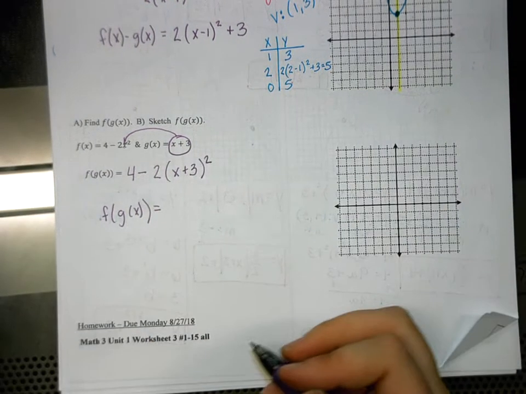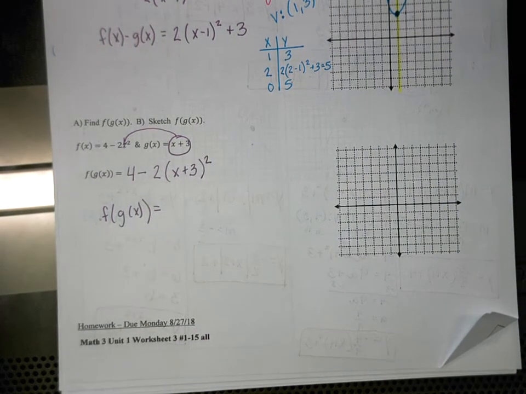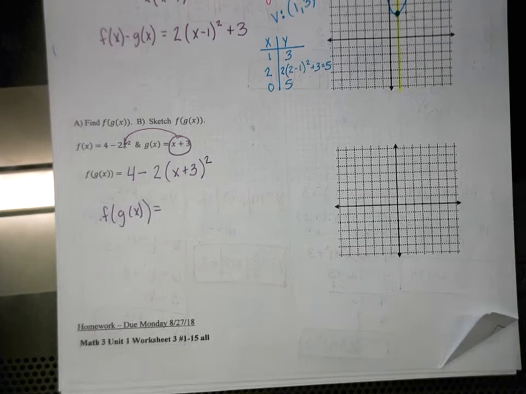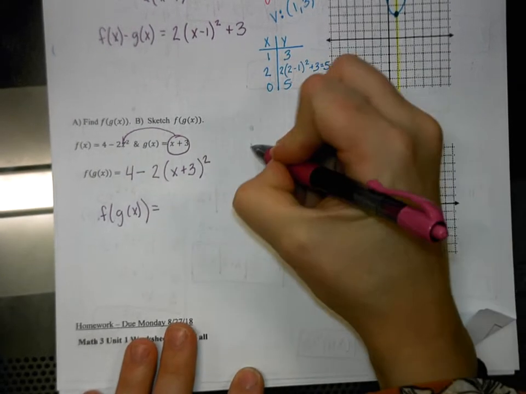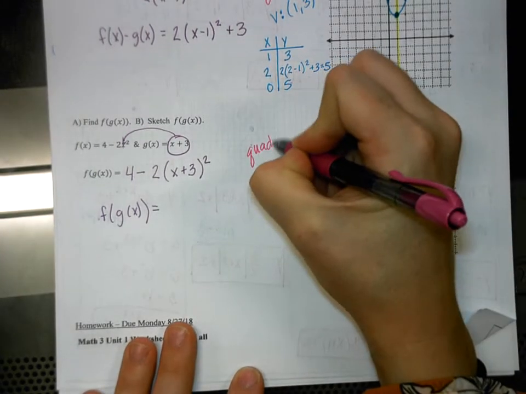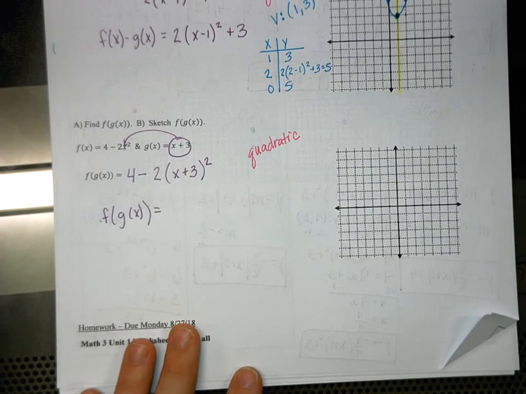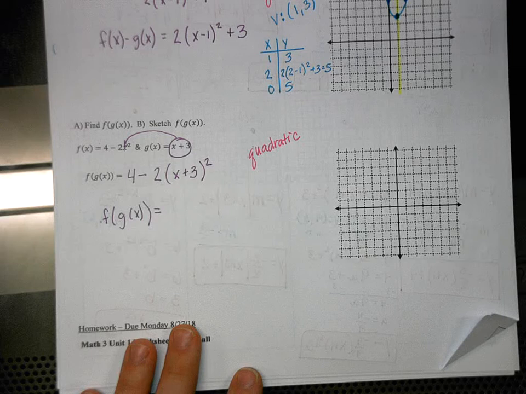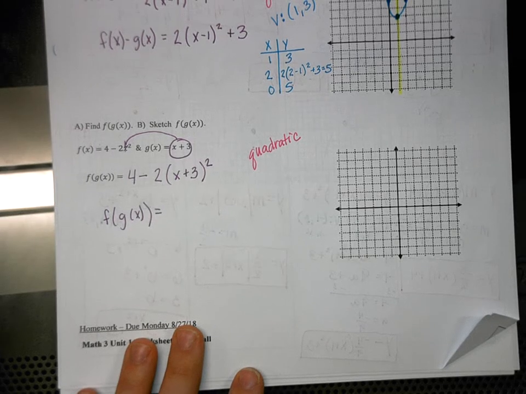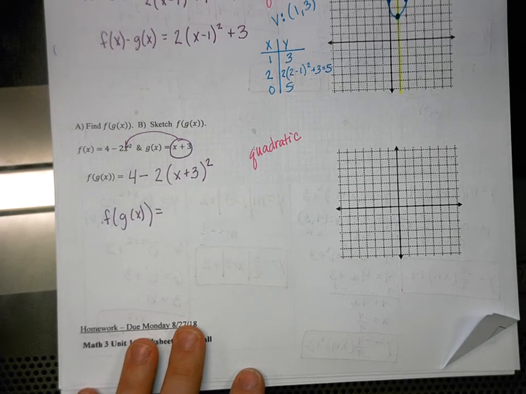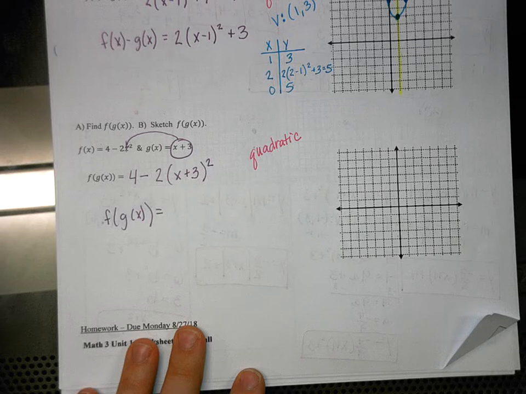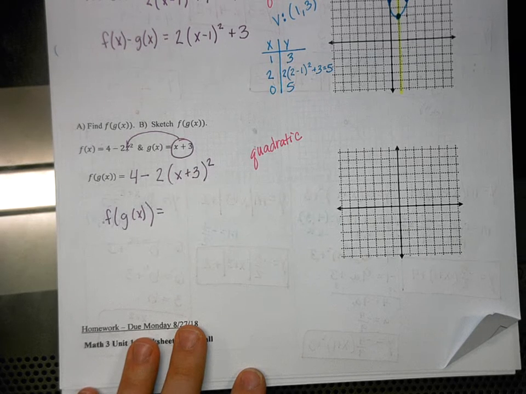If I want it in vertex form, because it is quadratic, because of that square, what number is going to be at the very end? The 4. Okay, this is a positive 4.